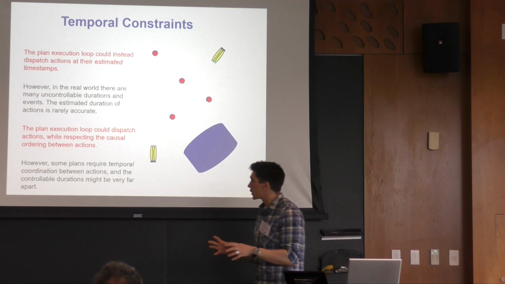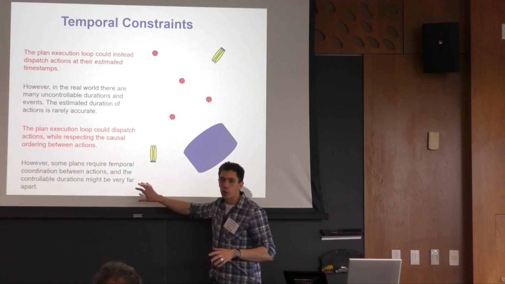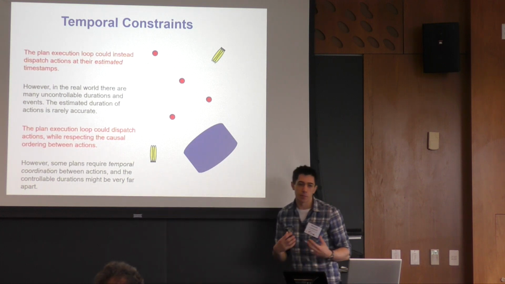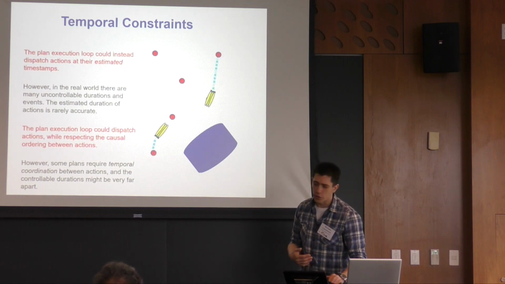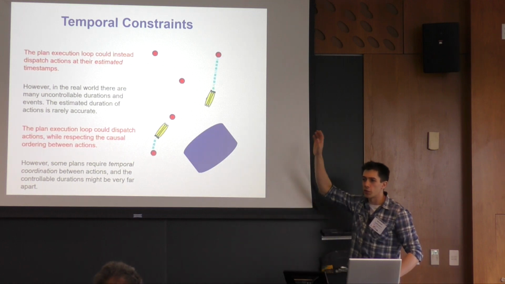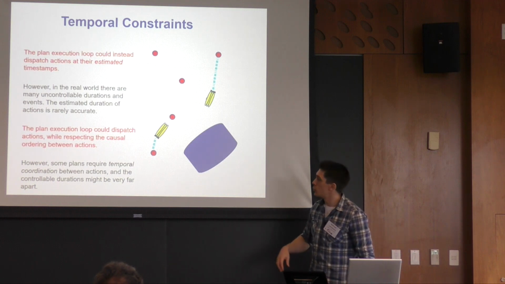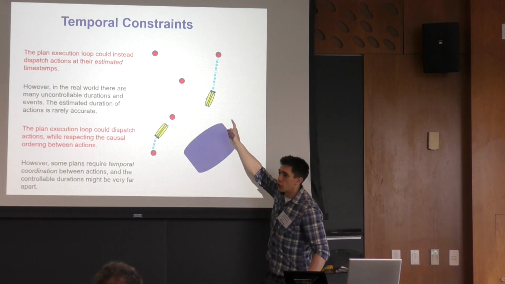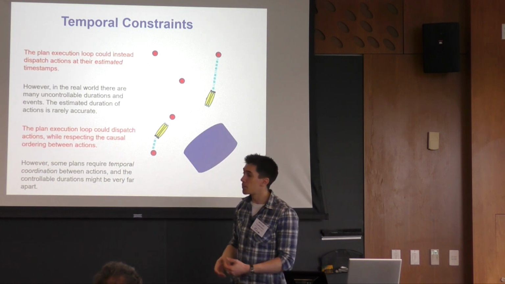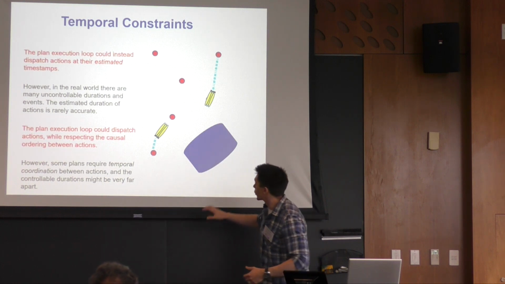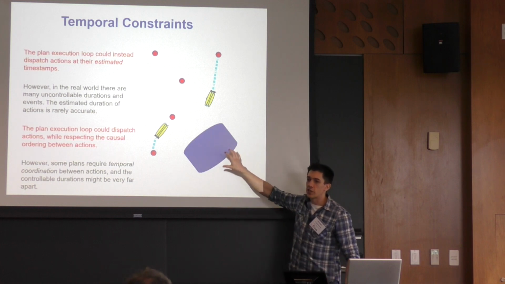Unfortunately, that doesn't always work, especially when you require temporal coordination in your plan, if temporal or time windows are involved. So for example, the current is still too strong from the top. As these AUVs move into position, the top AUV reaches its destination much earlier than the bottom AUV. But they're supposed to coordinate in order to inspect this structure here.